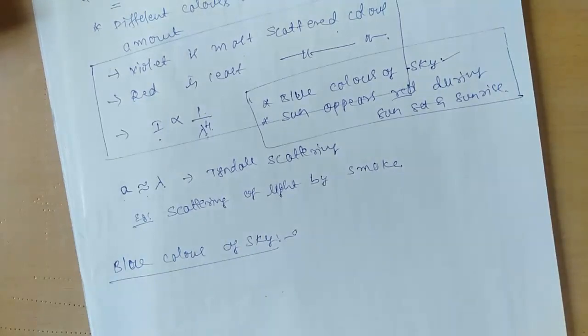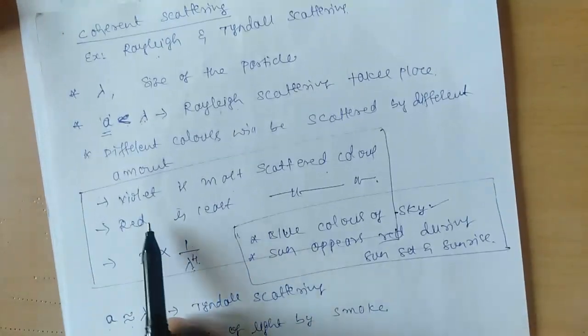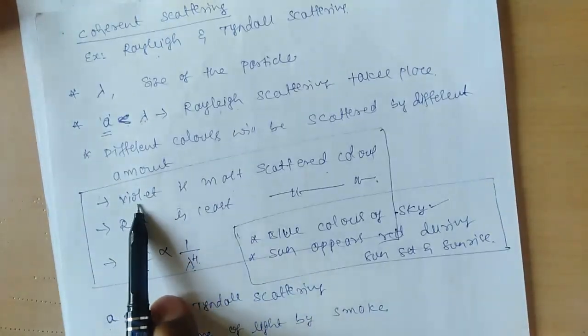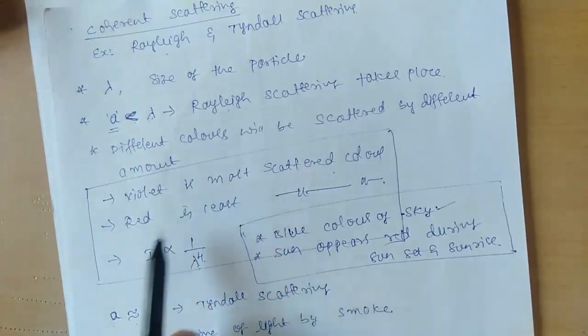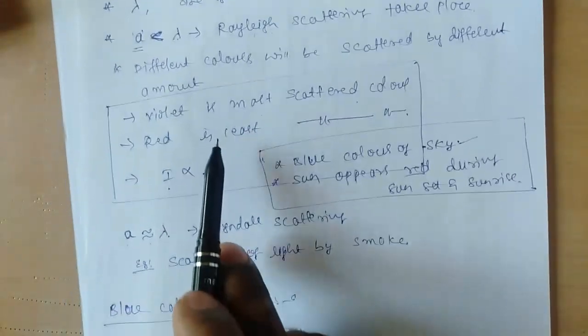See, in case of Rayleigh scattering, the most scattered color is violet, as we discussed, and red is the least scattered color.